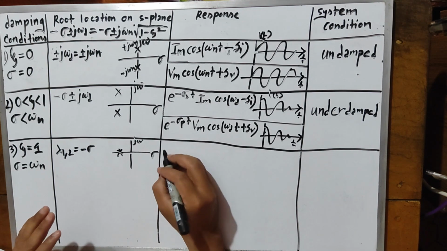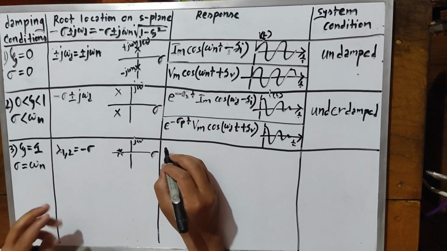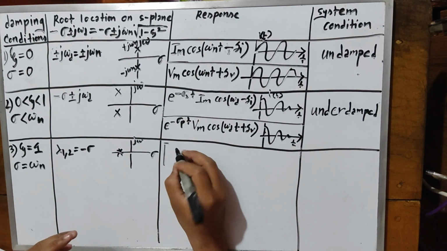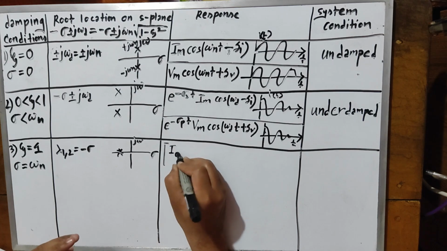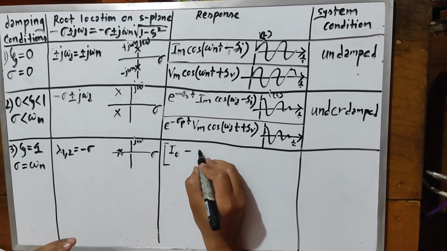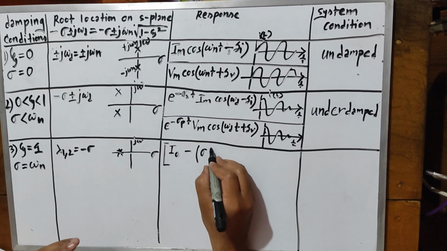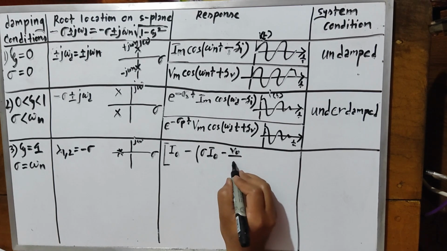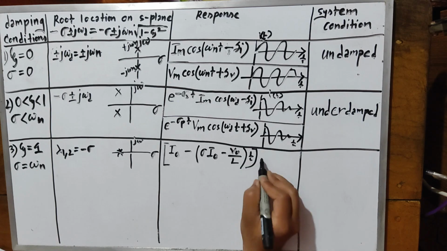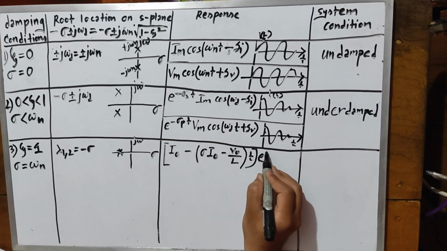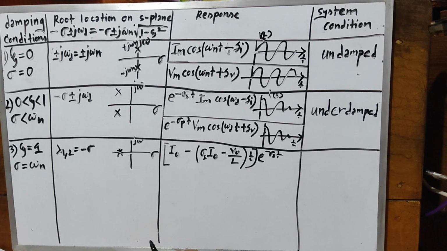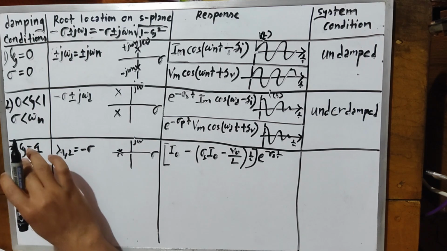So the equation is I0 minus sigma, I0 plus V0 by L, t, e to the power minus sigma t.